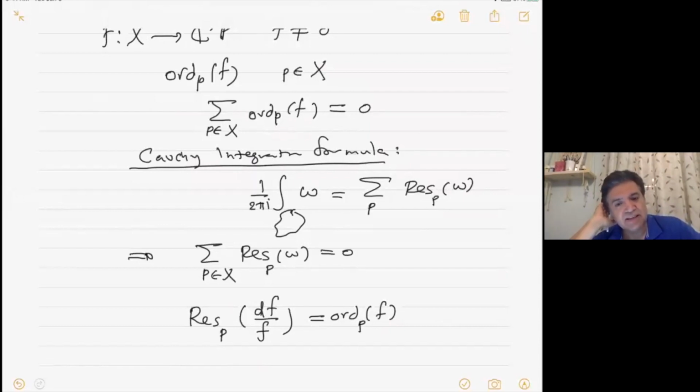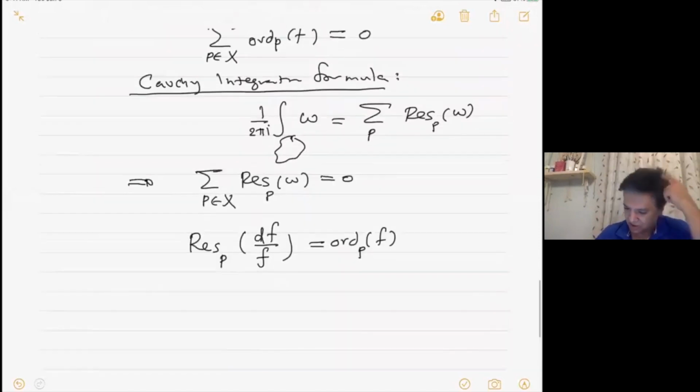After taking the derivative of z to the power m, it becomes m times z to the power m minus 1, and then you divide by z to the power m, so you get m divided by z. So the residue is going to be equal to m. And since the sum of the residues is 0, therefore the sum of the ord functions is 0.